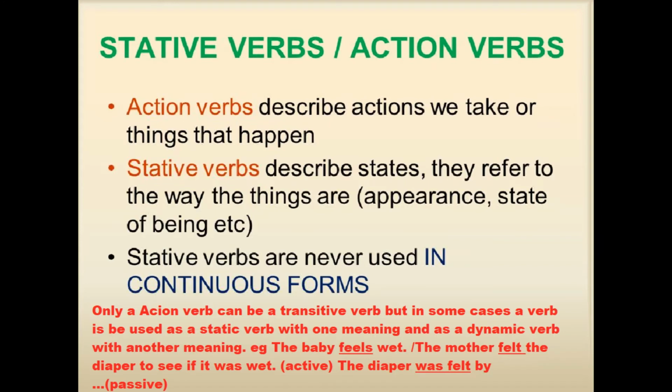An action verb can be a transitive verb, but in some cases a verb used as a stative verb with one meaning can be used as a dynamic or action verb with another meaning. Another word for action verb is dynamic verb.